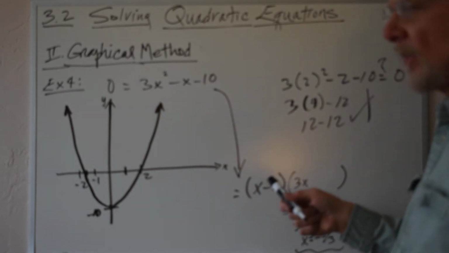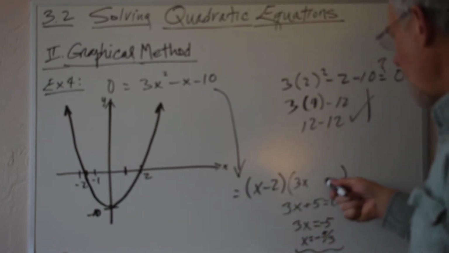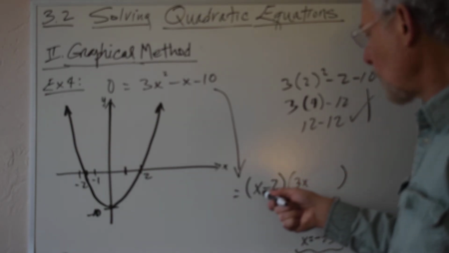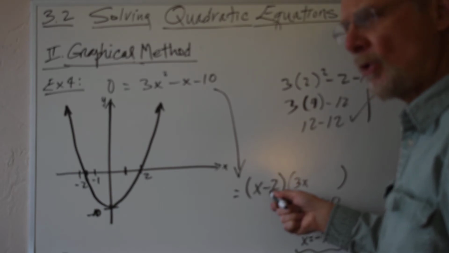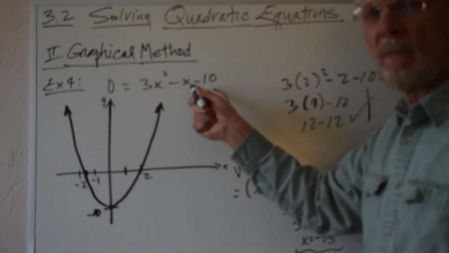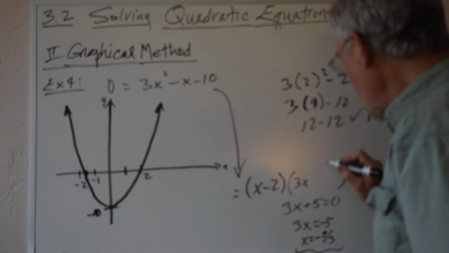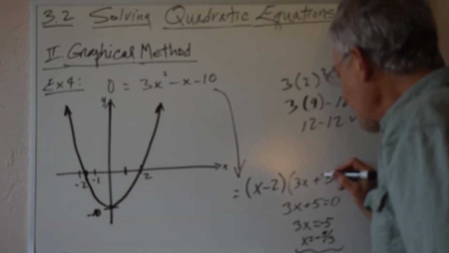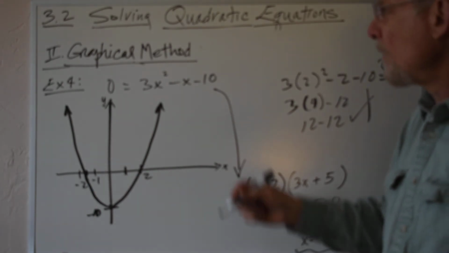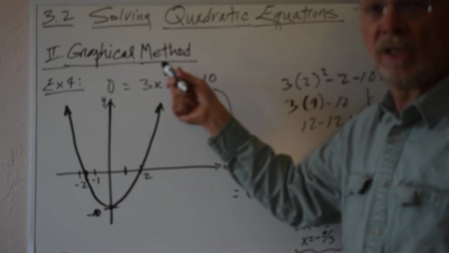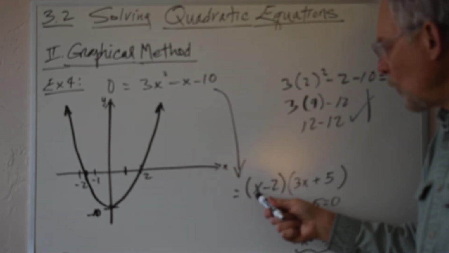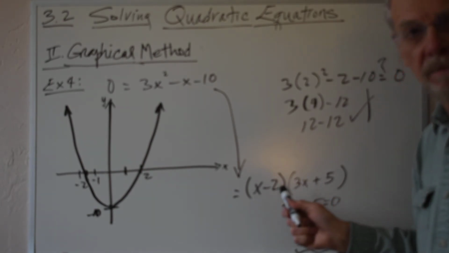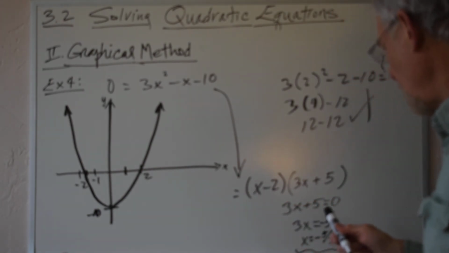What about the constant term? Whatever number goes here has to multiply this minus 2 and give me a minus 10. So it must be a positive 5. So you see that even when you're using your graphing calculator, you're still forced to do some factoring. Okay, you can't get away from that.